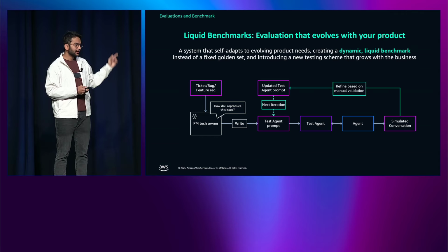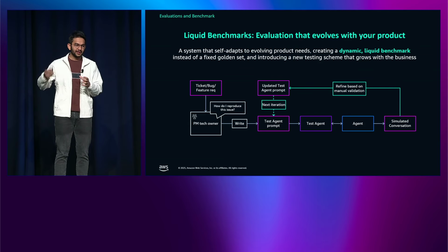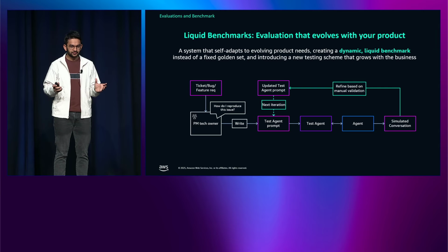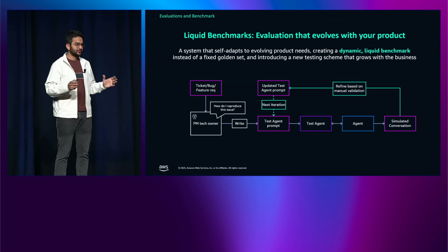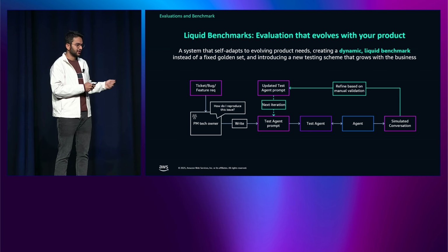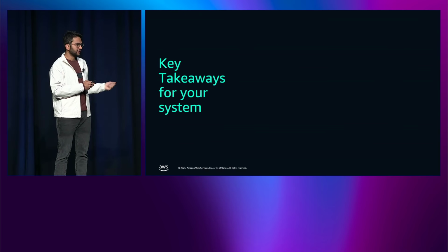This is iterated until the reviewer is satisfied with the simulated conversation. This helps us because as our agent evolves, our benchmark can evolve along with it. And the test agent prompt becomes part of our actual test suite. So now we have a collection of hundreds of prompts, which lead to hundreds of test agents, which all simulate different aspects that are important to our customers and PMs. And we can simulate conversations with our agent.